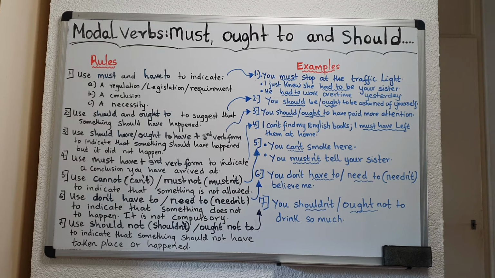For you to be able to use modal verbs correctly in writing, for a test, or in your day-to-day life, it is important to know the rules. Rule number 1.